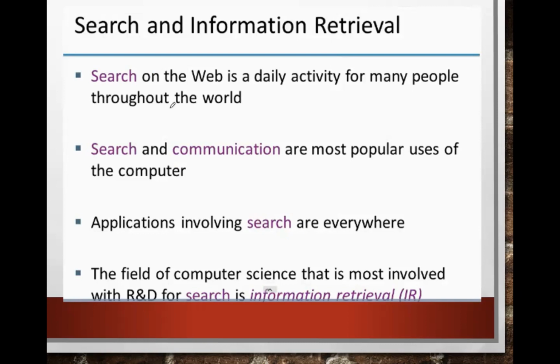Entertainment searches cover music, videos, TV shows, movies, all types of entertainment categories. Whereas shopping searches include online shopping, price comparison, and product reviews.